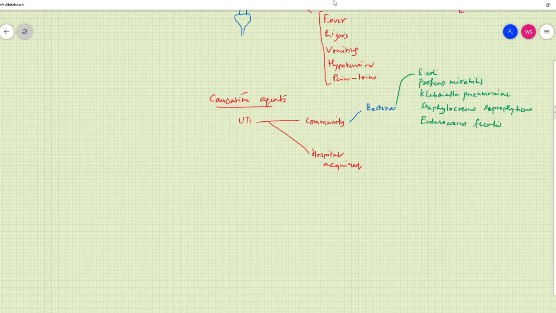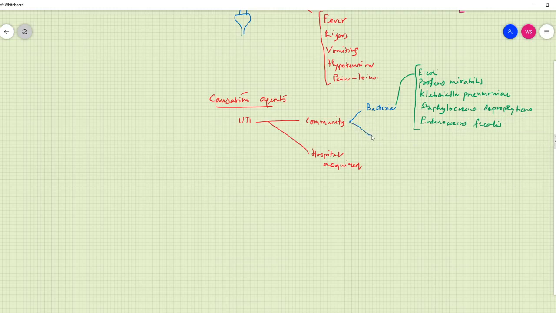These are the most common bacteria which cause UTI.